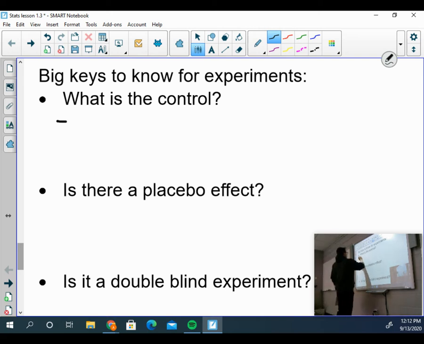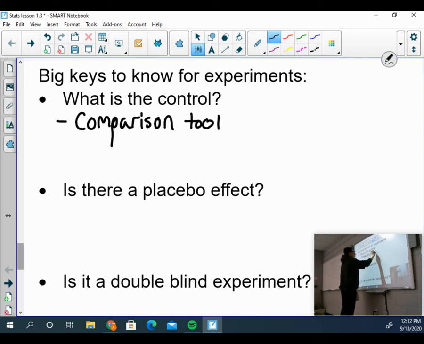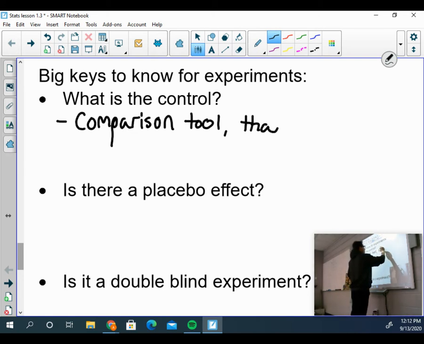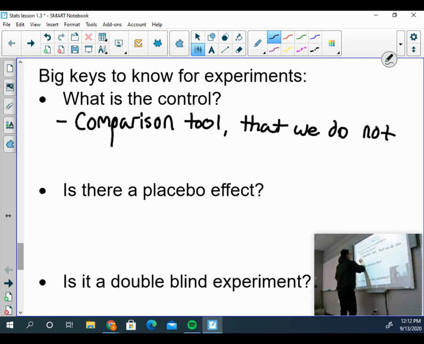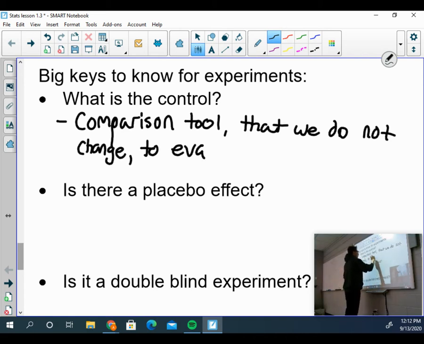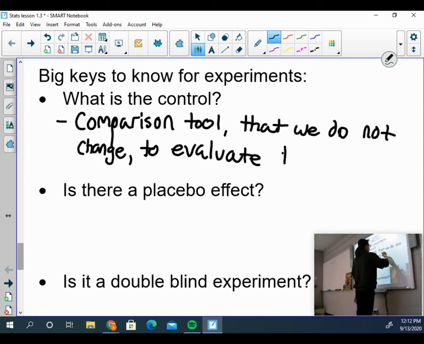I'm going to say it's the comparison tool that we do not change to evaluate the effectiveness of the experiment or of the treatment.